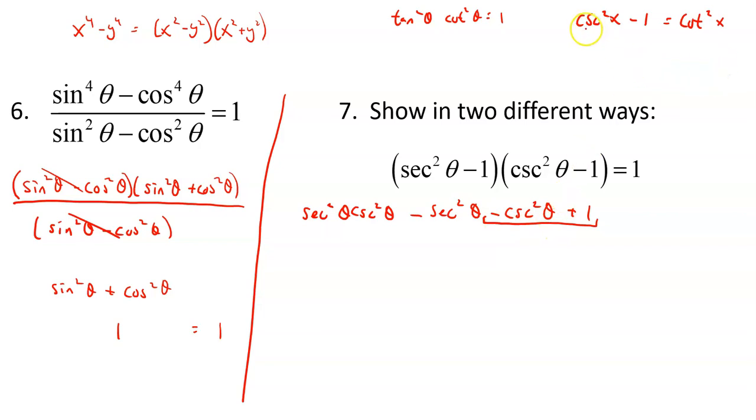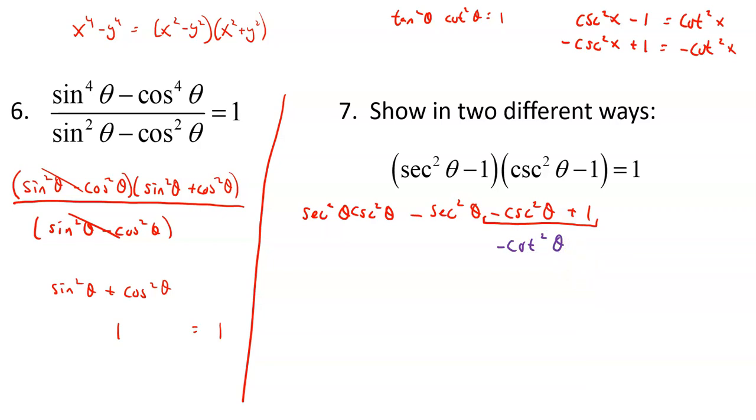Well, if cosecant squared minus 1 is cotan squared, that must mean that negative cosecant squared plus 1 is negative cotan squared. So it may happen every once in a while that what you're looking for is the exact opposite of what you have. So multiply through by a negative. So this thing here can replace a negative cotan squared theta.